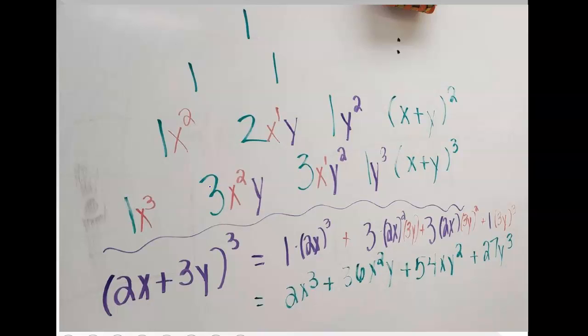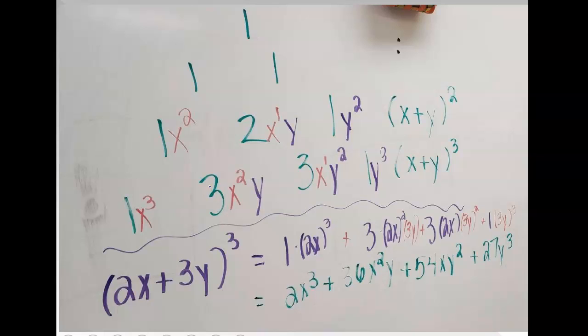Then it meets in the middle as y, and then y to the 0, which again we know to be 1. Similarly, y cubed, y squared, y, no y. So that works for all functions. The coefficients always go 1, 3, 3, 1.